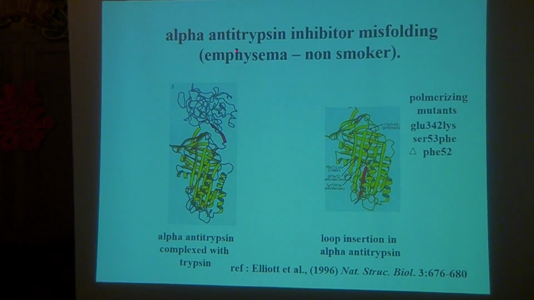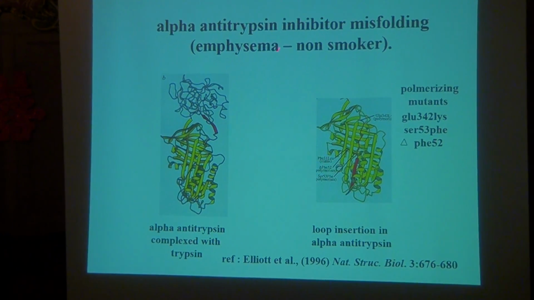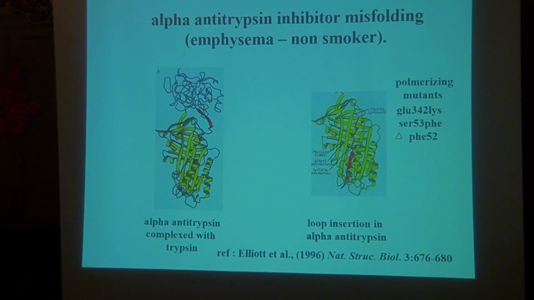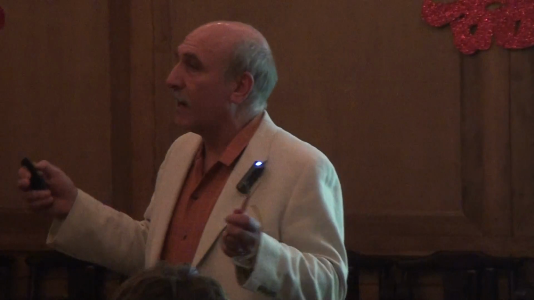Here's an antitrypsin inhibitor. This is actually an anti-elastase. This circulates in our blood. It was called the alpha protein before, because we were doing paper electrophoresis, with alpha bands, beta bands, gamma, and so forth, and this protein turned up in the alpha band. It actually inhibited trypsin, but it turns out that this protein inhibits elastase.